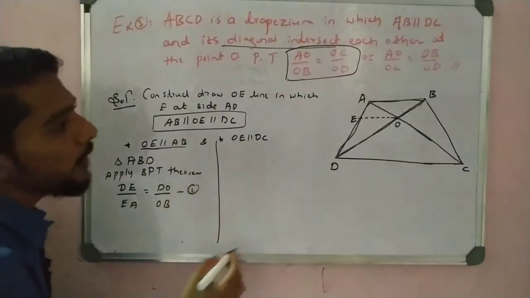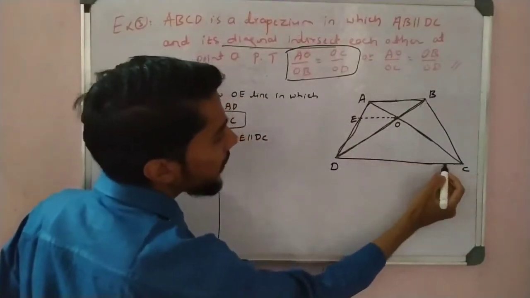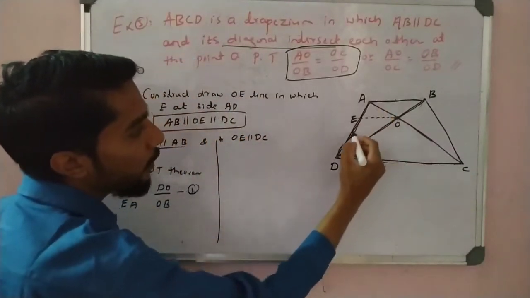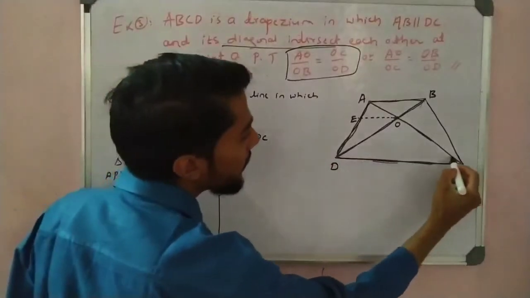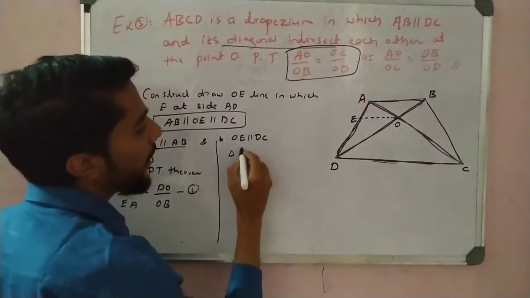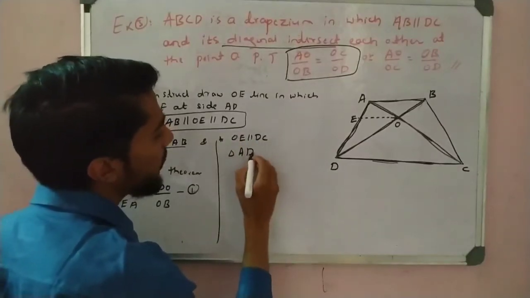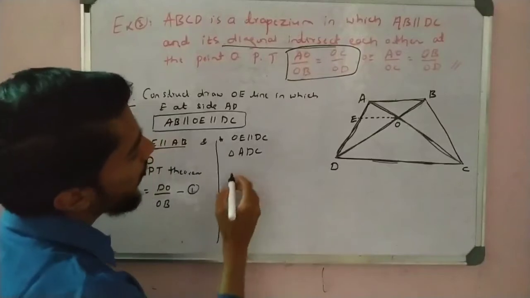Now case number 2. Here, with DC, which triangle is it? That triangle is ADC. So now in triangle ADC, what happened?